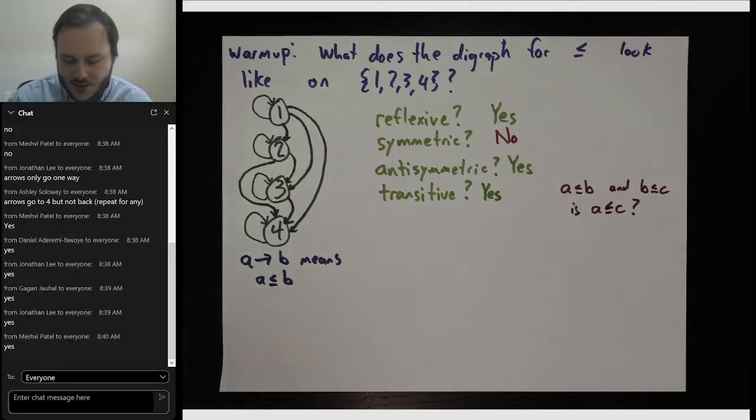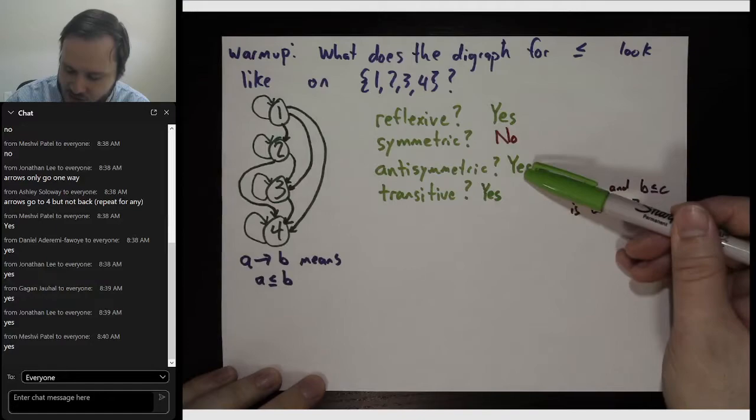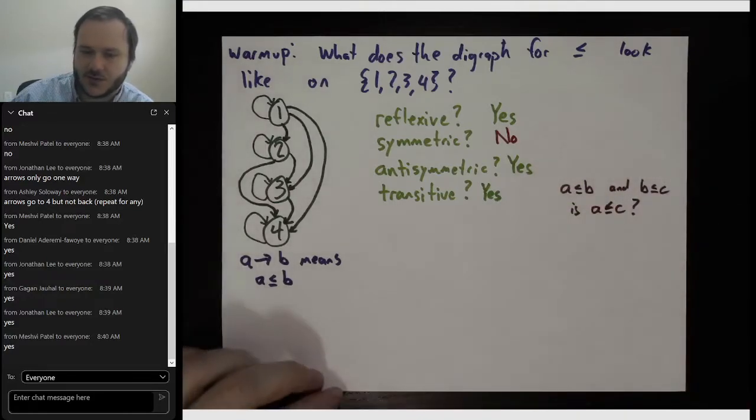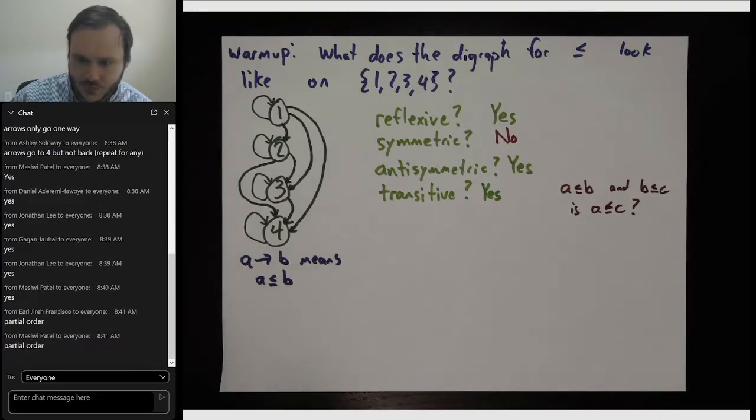So from last time, what do we call relations that are reflexive, anti-symmetric, and transitive? Partial order. Good.